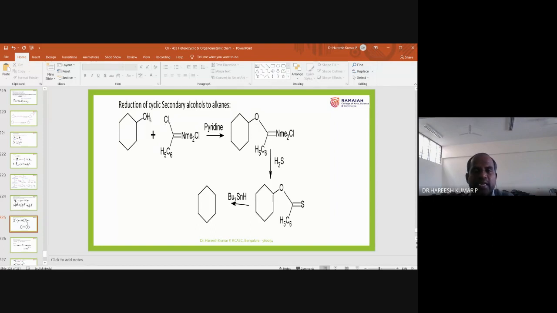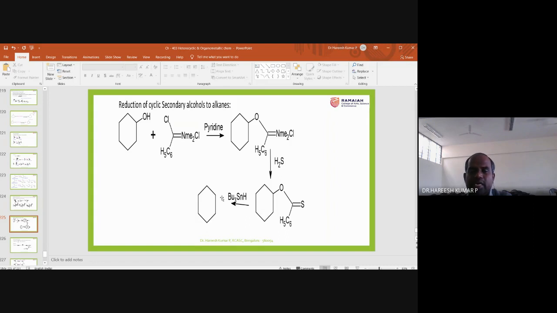The Cl and H are going out, forming an oxy compound. This oxy compound, when it is treated with H2S, H2S is a gas, but it can be generated and purged into the reaction media. So what will happen? This N is replaced by sulfur. So this is the compound, a thioester is obtained.